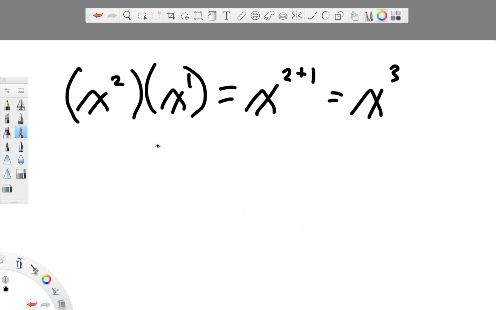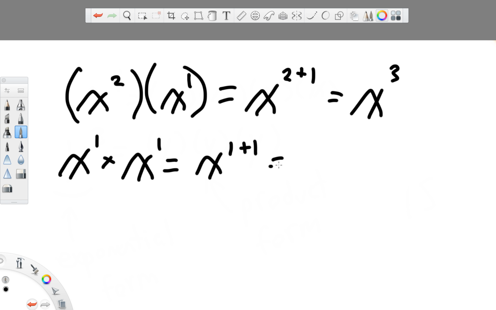So when you multiply two variables that have exponents on them, we just add the exponents together. For example, in our title page, we have x times x. Since they both technically have the power 1, it'll be x to the power 1 plus 1, and that's going to equal x squared.